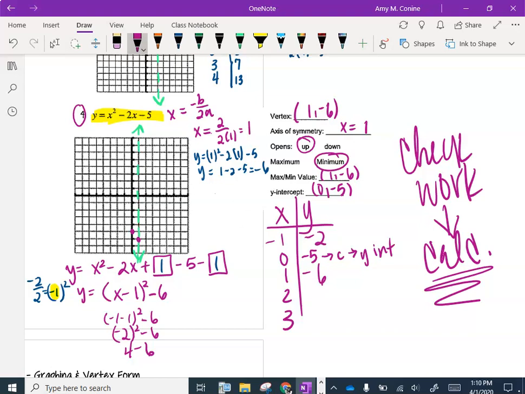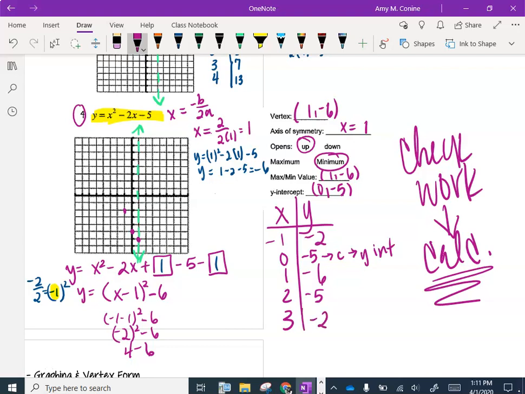So if you remember, this is all symmetrical, so if I plug in 2, I should get negative 5. If I plug in 3, I should get negative 2, so we're just going to check that real quick. This does give me negative 5 because 2 minus 1 is 1, squared is 1, minus 6 is negative 5.